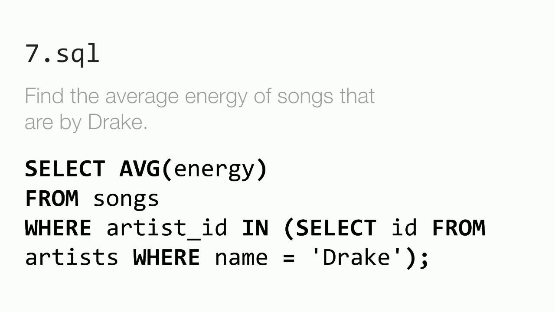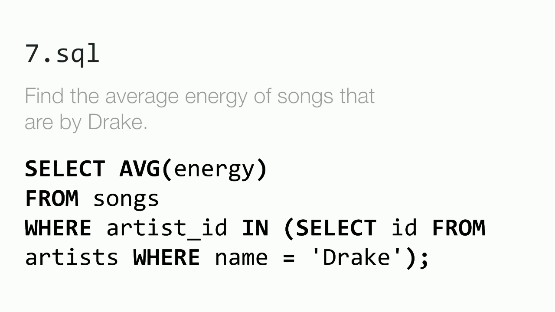So again, select and from, our best friends. Those are the keywords we're using. Let's jump to the very end again and consider the innermost select. We're selecting ID from artists where name equals Drake, and that will give us some number, Drake's ID.